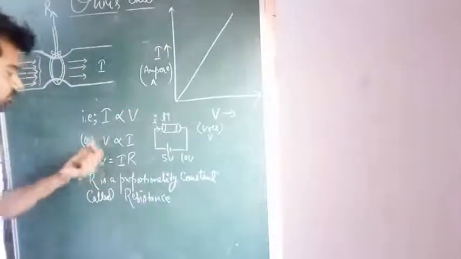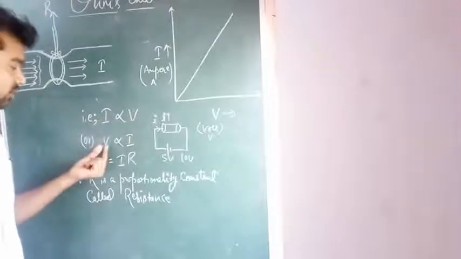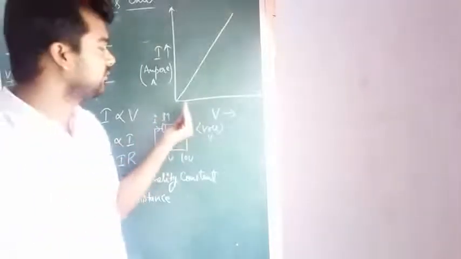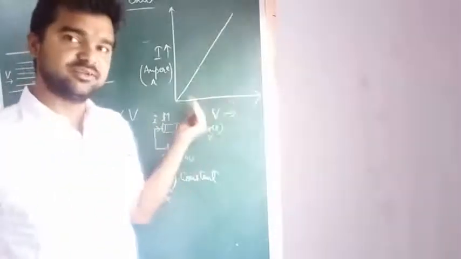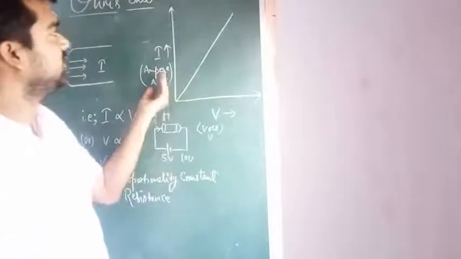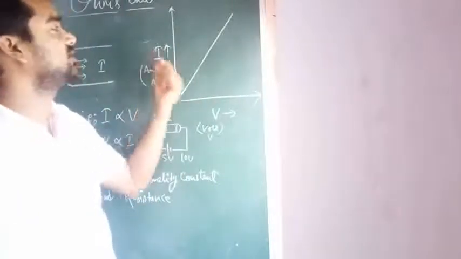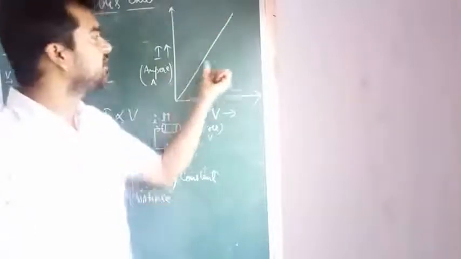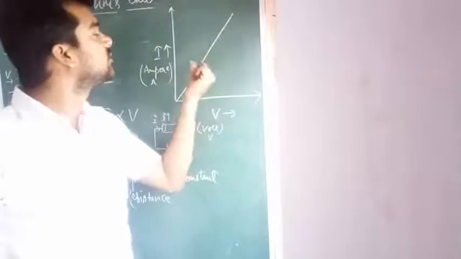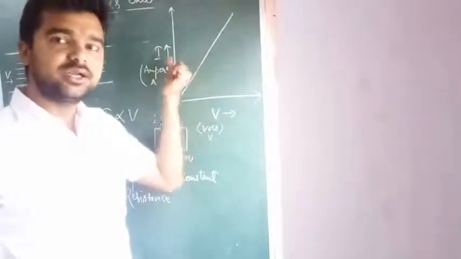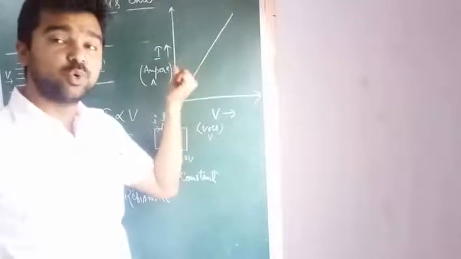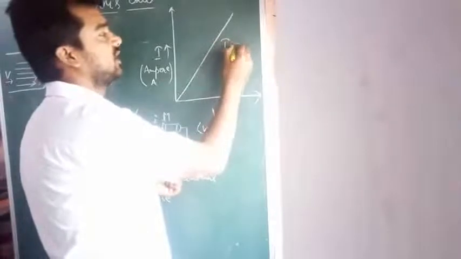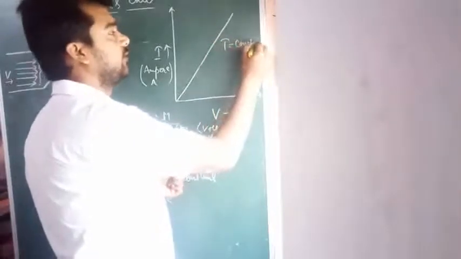So I is proportional to V, or V proportional to I. As the potential increases, the current through the conductor also increases. If I plot a graph between these two, we will get a straight line. This straight line represents that the ratio of potential to current will be the same throughout. But remember, the temperature, or simply the physical condition, will remain constant.